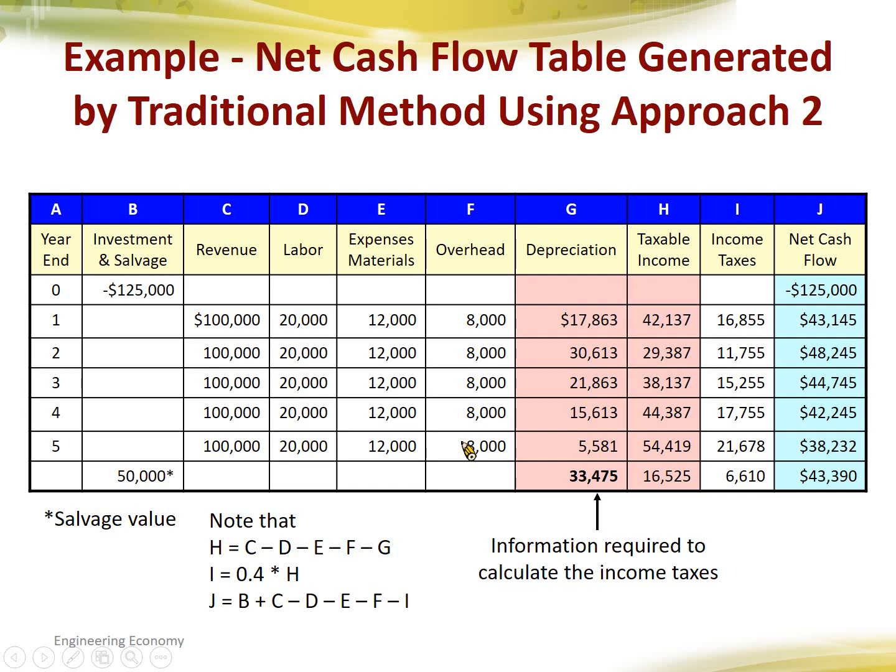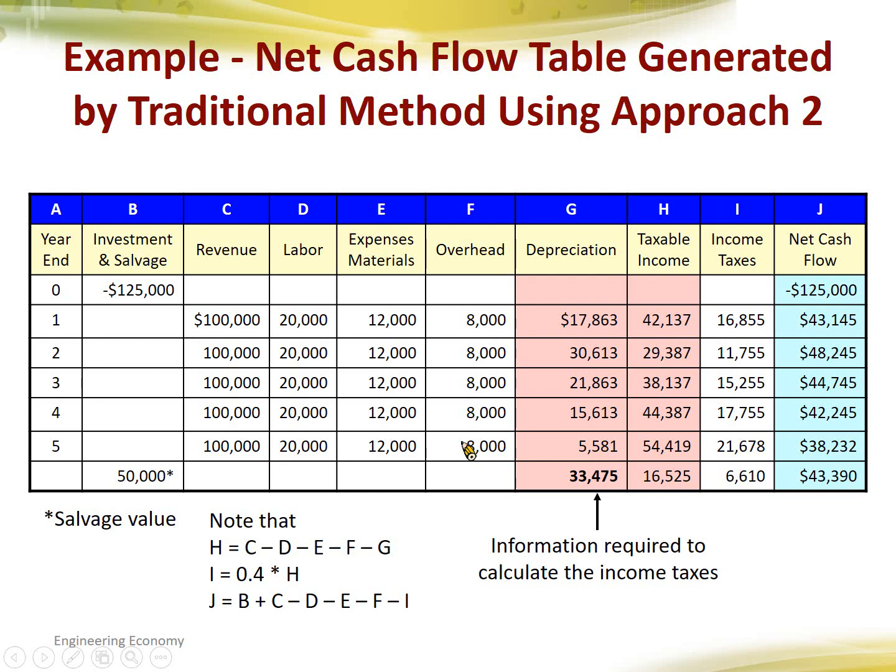Okay, salvage value. And this is book value. This is depreciation, book value. Okay. This is the difference. And this is the tax. Okay, so this is the salvage value subtracting income tax to get this value.